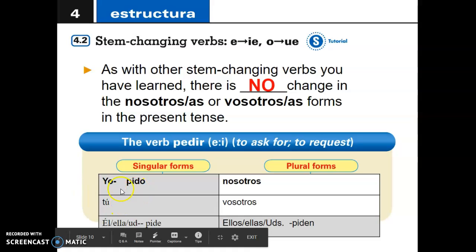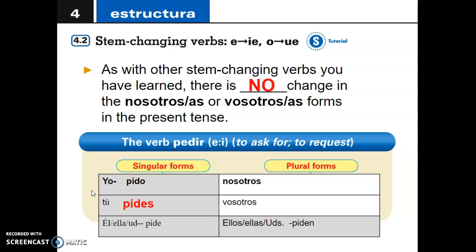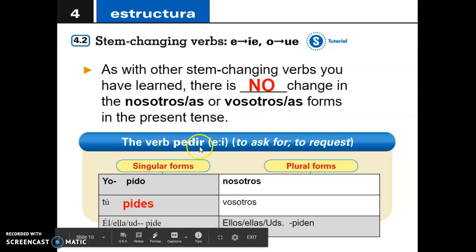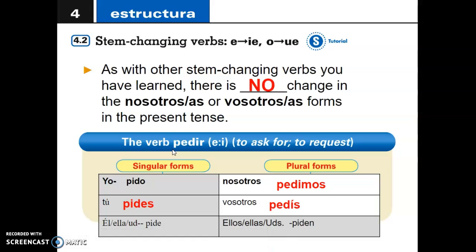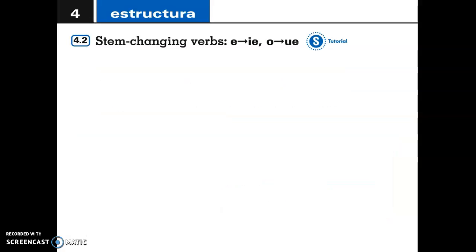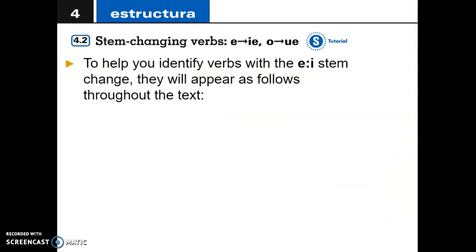So like I said, we have pido. What's the next one? Tú pides. Pide, it's already in there for you. So if we don't have a stem change here, our normal verb is pedir, the infinitive. So it's pedimos, pedís, and piden. Easy enough? Alright, to help you identify which ones are E to I, they'll appear as follows throughout the text.